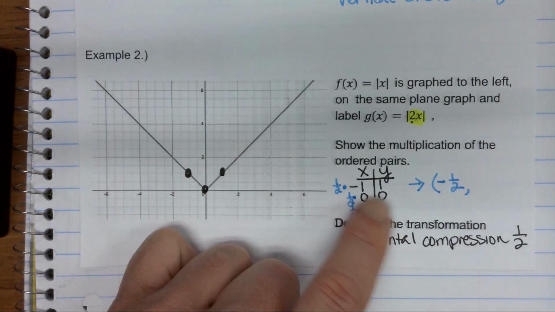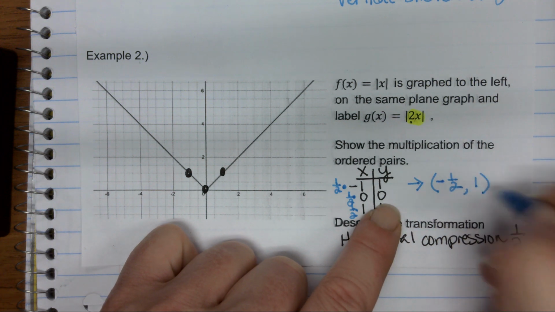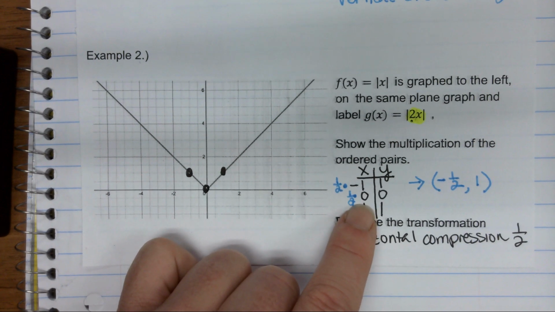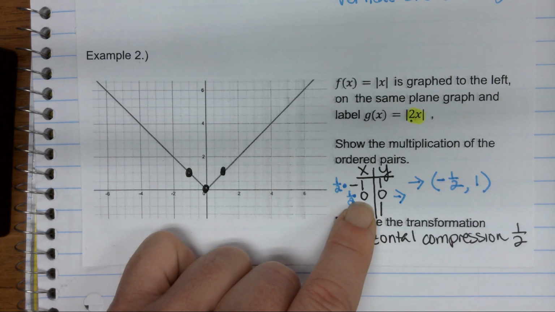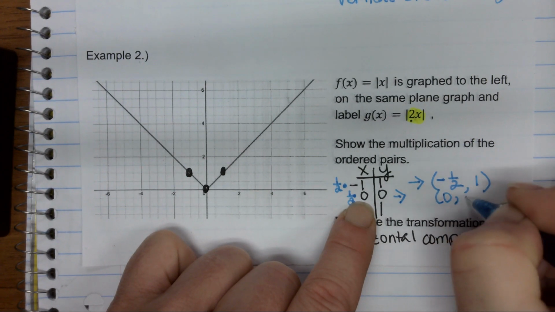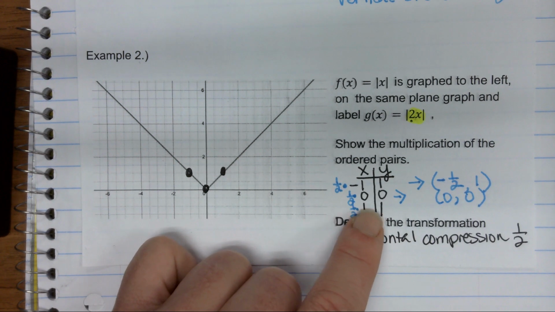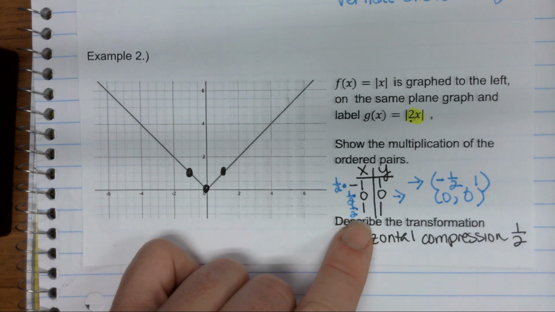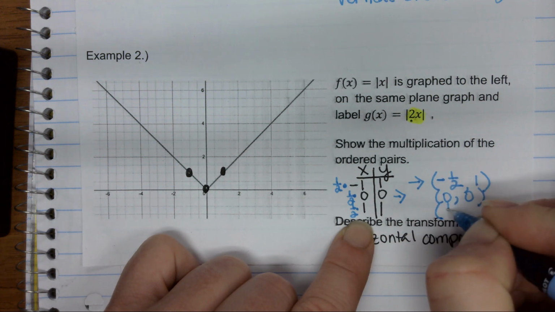The y coordinate does not change, so we're going to leave it at 1. All right, what's 1/2 times 0? 0 still. So this is not going to change that second point, 0, 0. What's 1/2 times 1? 1/2 or 0.5. So this is going to go to 1/2, 1.